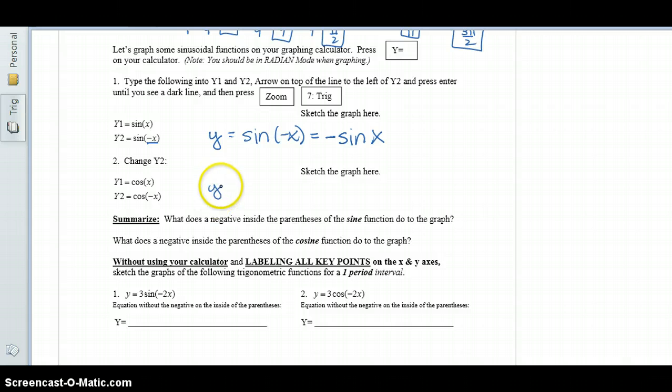For a cosine curve, that negative on the inside doesn't affect it at all, so it's the same as the cosine of x. And the reason for that comes from the unit circle.